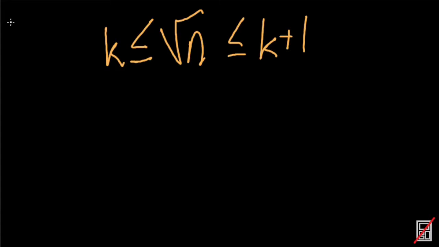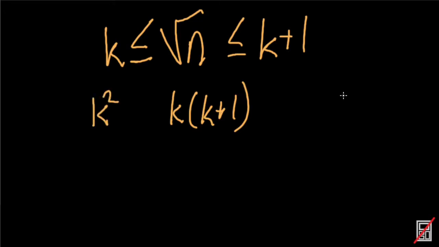We can always do this because n will be somewhere either above or below k times k plus 1. We can either pick it between k squared and k times k plus 1, or k times k plus 1 and k plus 1 squared.